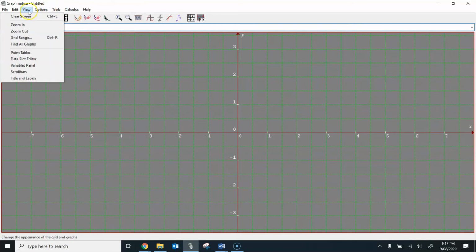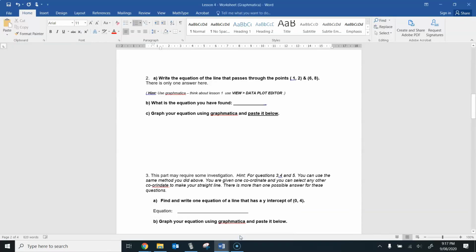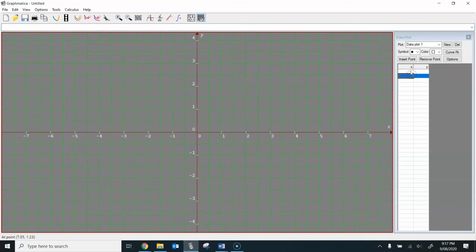If you remember what we did in lesson 1, we went to View, Data Plot Editor. And what we're going to do here is put in those coordinates. Let me just remember what they were: 1, 2, and the other one was 6, 8. So we're going to type them in: 1, 2, 6, 8. So we've got those 2 coordinates in, and you'll notice that 1, 2 is here.